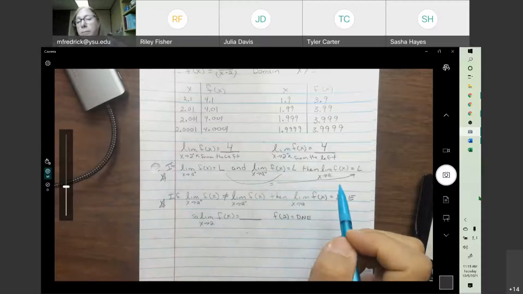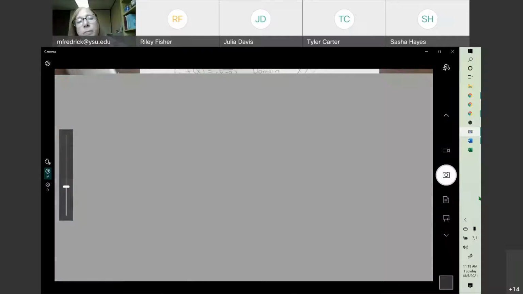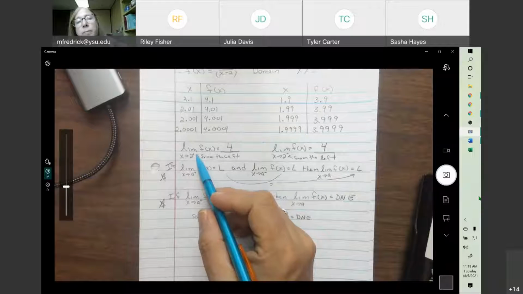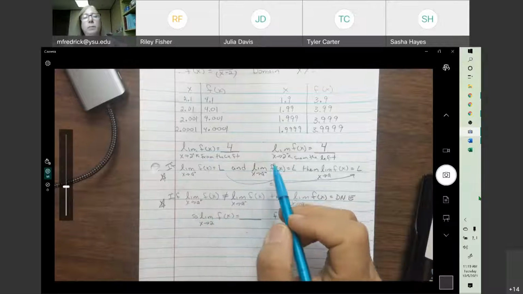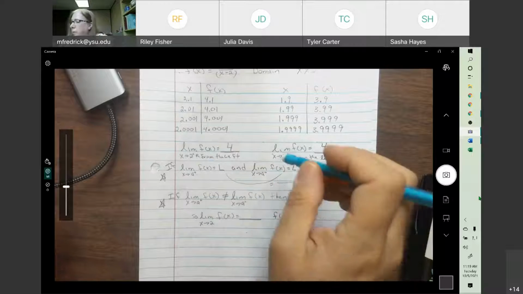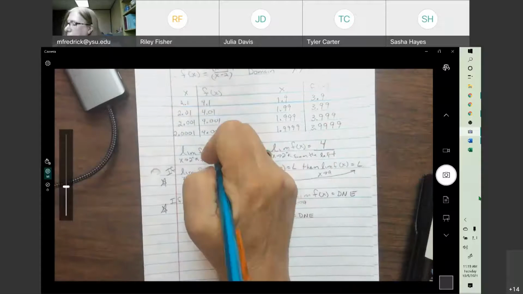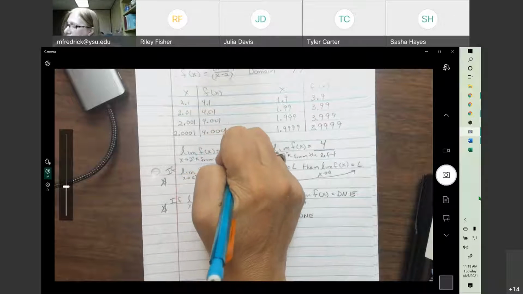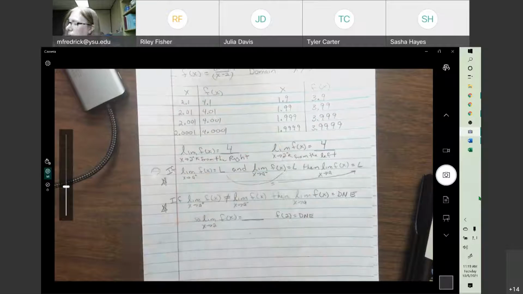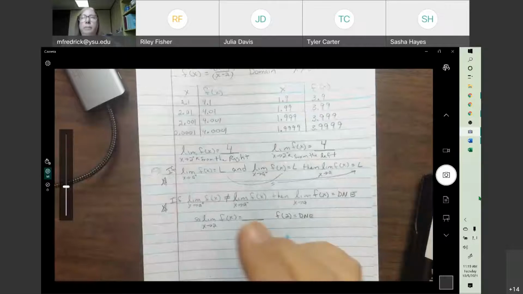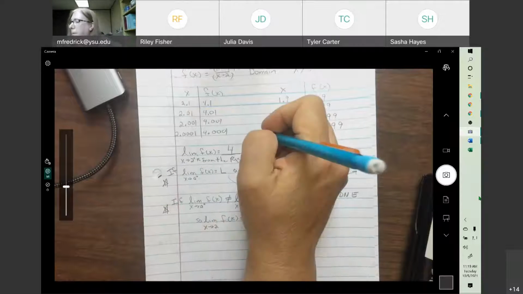Wait, so plus, when it's x to the 2 and then a plus, that means from the left? From the, oops, I think I said right, but I wrote left. From the right. Sorry about that. So plus is right and minus is left. Yes. Okay.